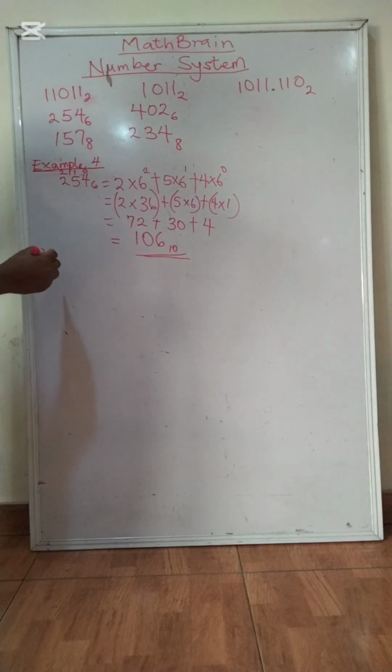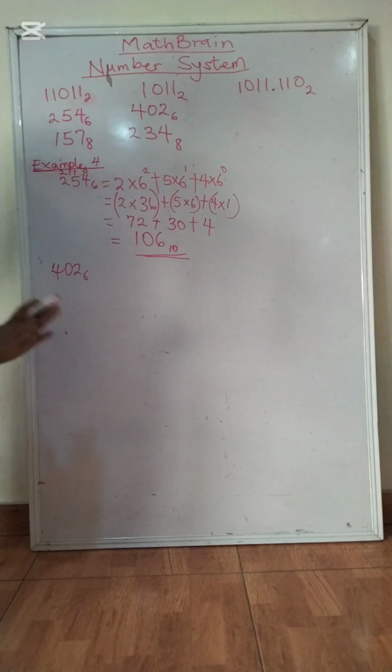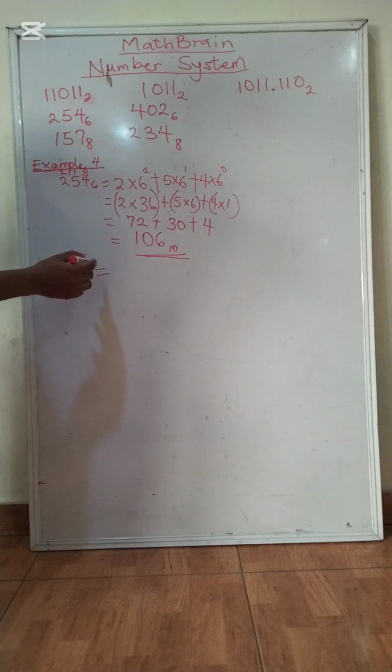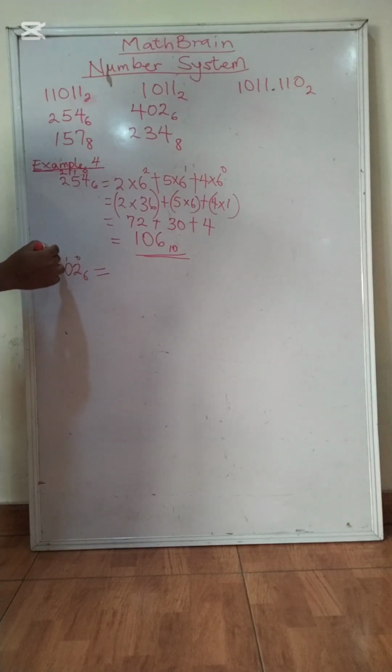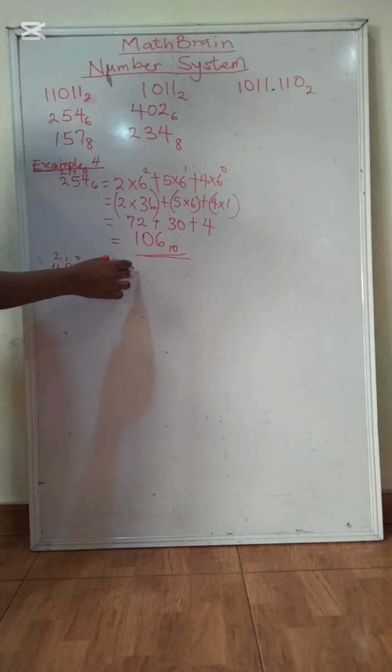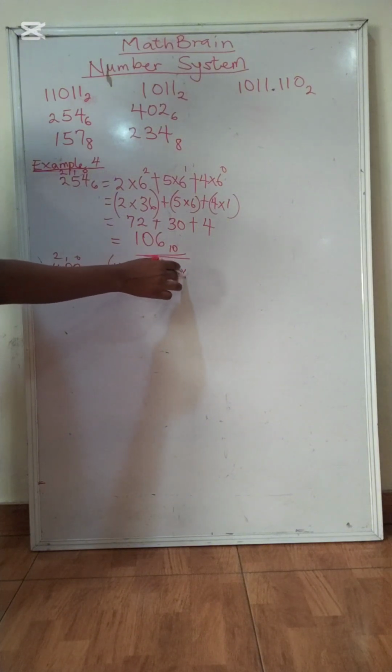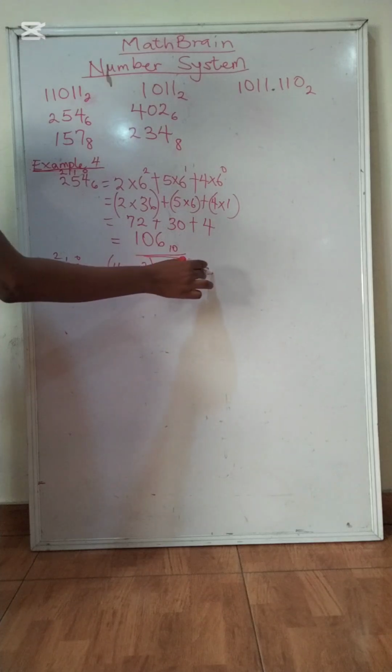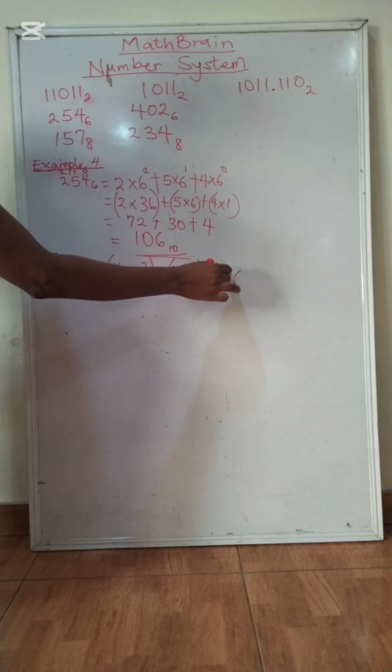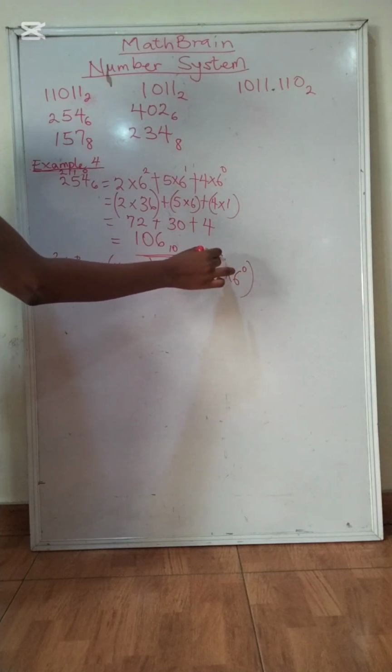Now the fifth example is 402 base 6. I guess by now it will be easy for you to solve. But let me just do it. 0, 1, 2. 4 times 6 raised to the power 2, plus 0 times 6 raised to the power 1, plus 2 times 6 raised to the power 0.